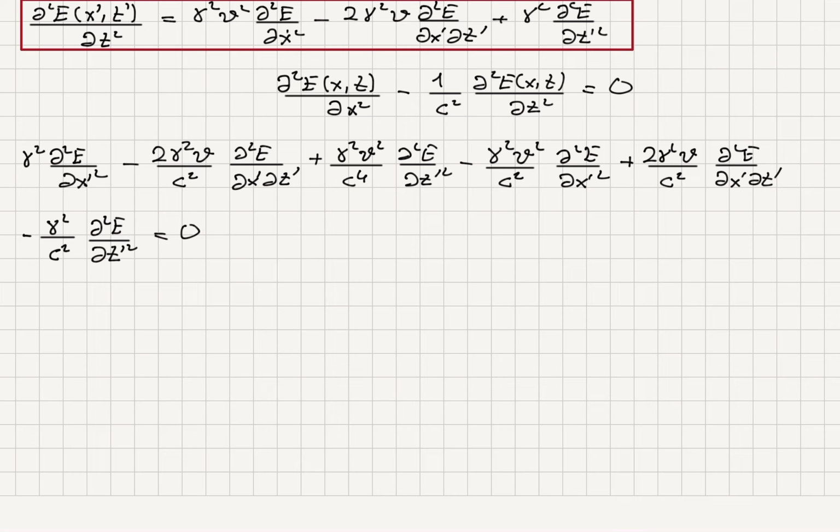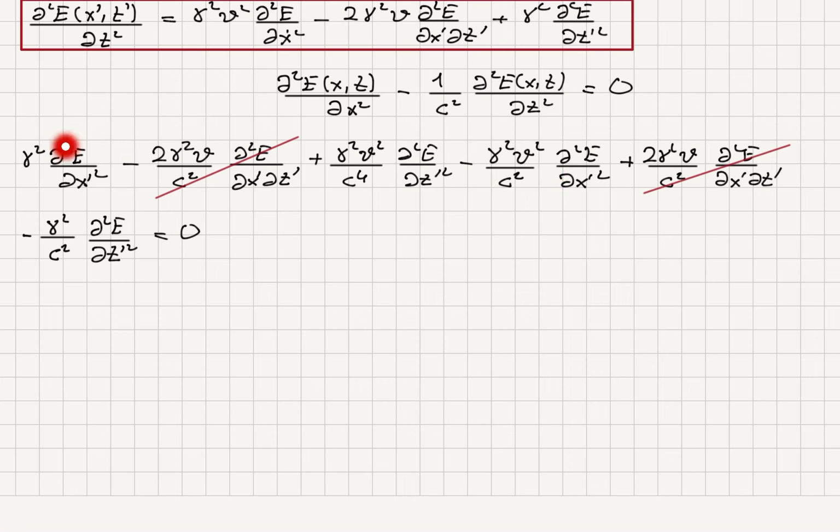0. Now the first thing I notice here is that these two terms are the same with opposite signs, so they're going to cancel out. And now for del square E del x prime square here, I have a gamma square and then I have a minus v square over c square times gamma square.